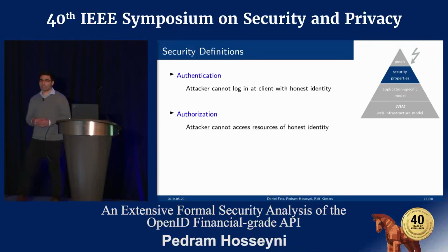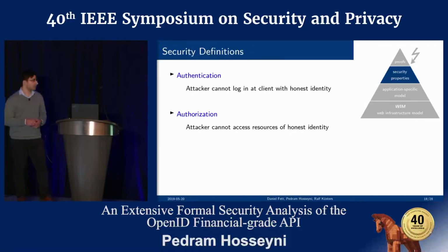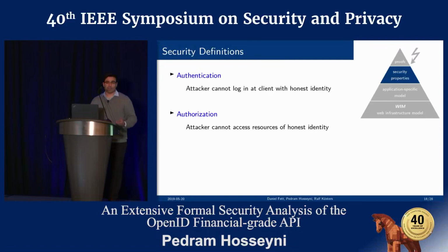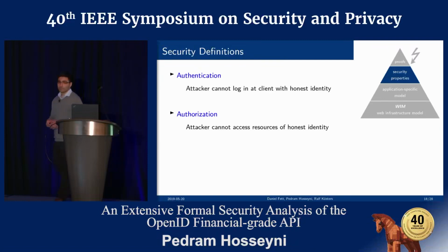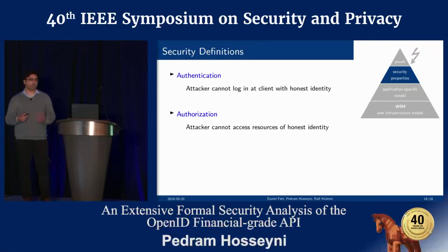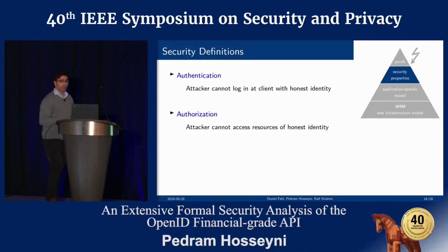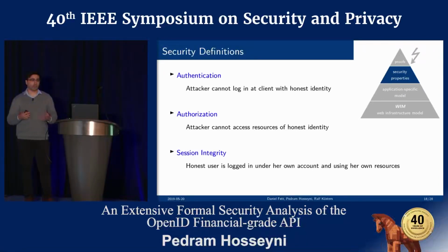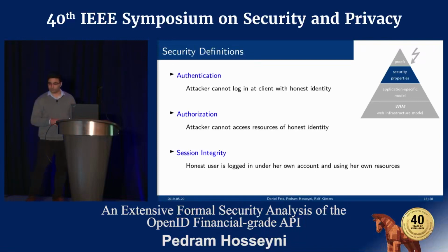Then we have authorization, which is probably the most important property for the financial grade API. And this states that the attacker should not be able to access Alice's resources, for example, Alice's banking account. And finally, we have session integrity, which states that when Alice logs in somewhere, she should be logged in under her own account and using her own resources.